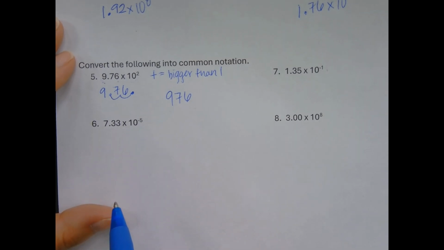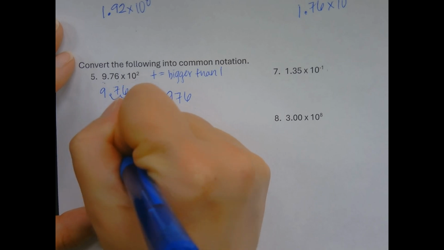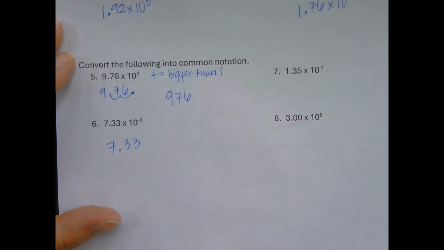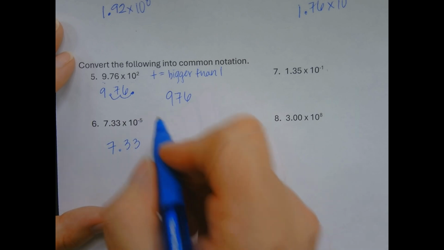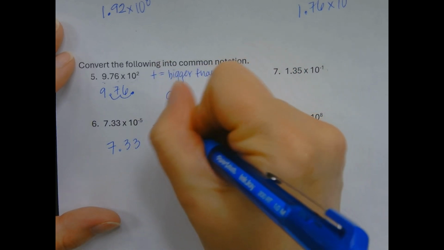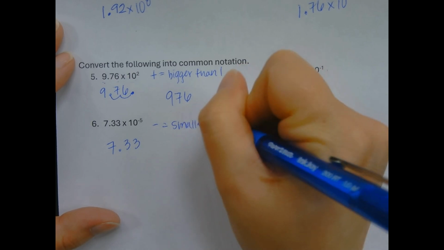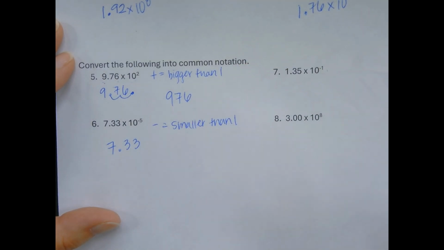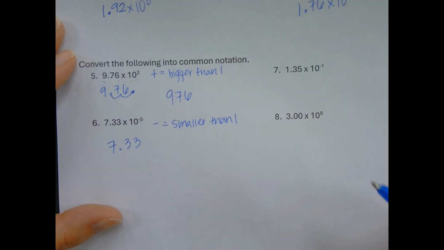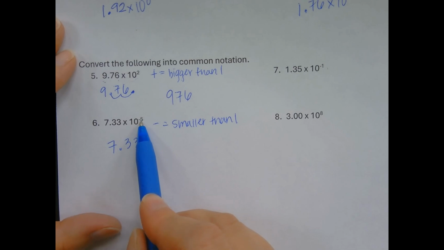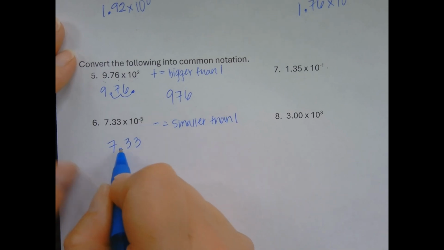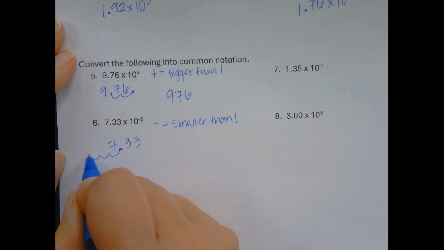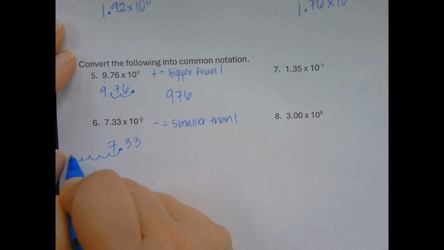7.33 times 10 to the negative fifth. So I'm going to rewrite 7.33. The negative tells me that this is going to be smaller than 1. So I'm going to move the decimal to the left to make this number smaller than 1. And since it's 5, I'm going to move it 5 times. So here we go. 1, 2, 3, 4, 5.